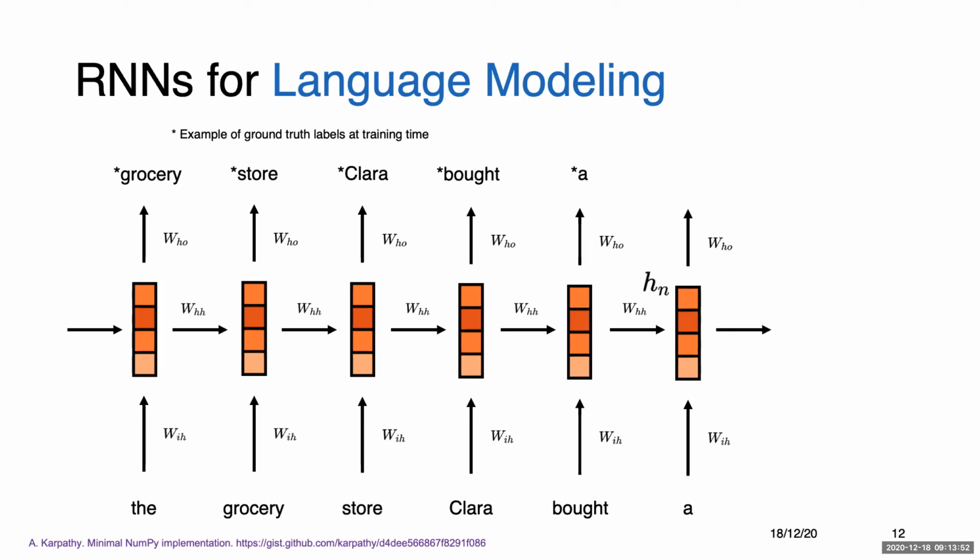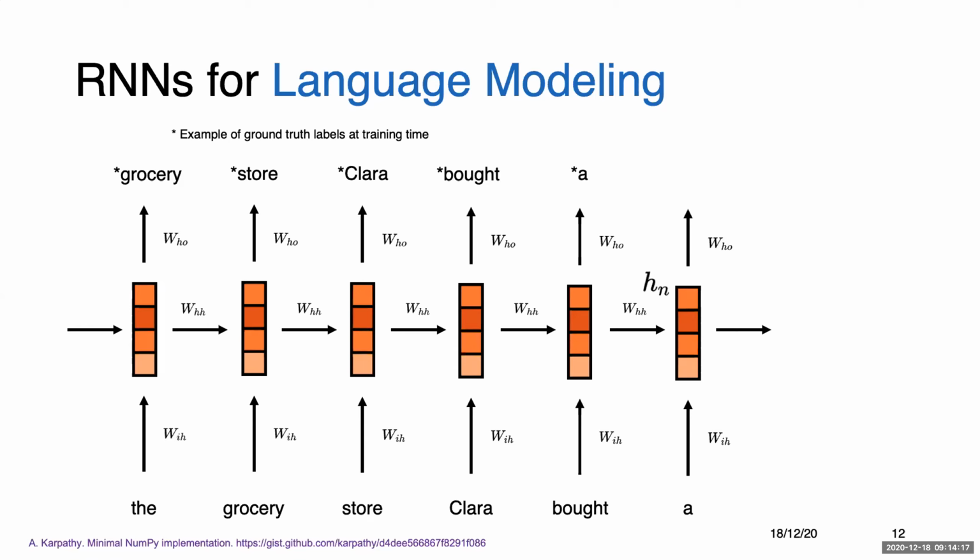So in the first step you have the, and the ground truth label will be grocery. In the second step, we have grocery and the output label will be store, because the ground truth label is what we use for computing the loss and updating the weights.